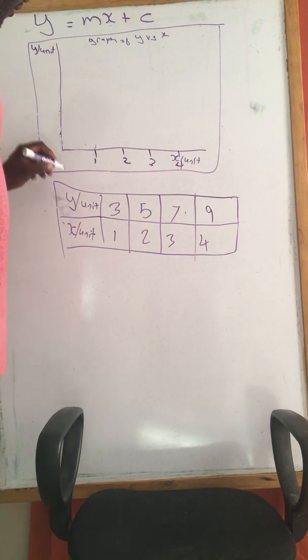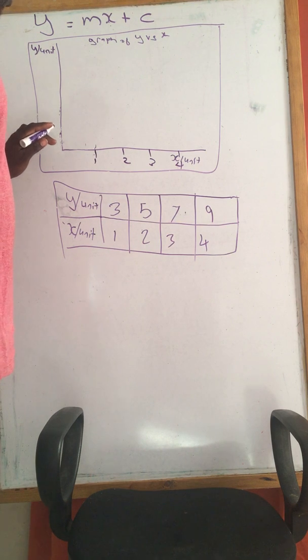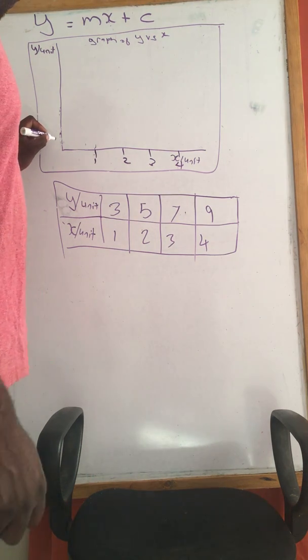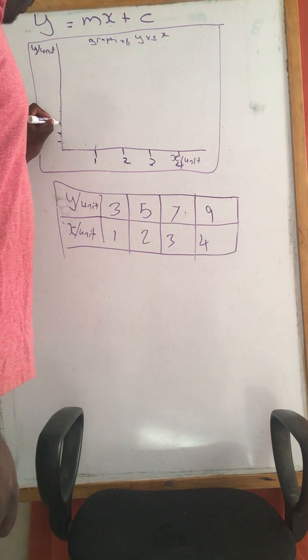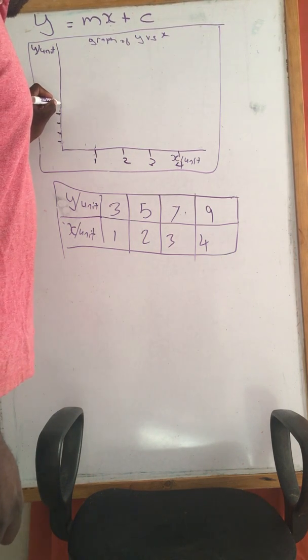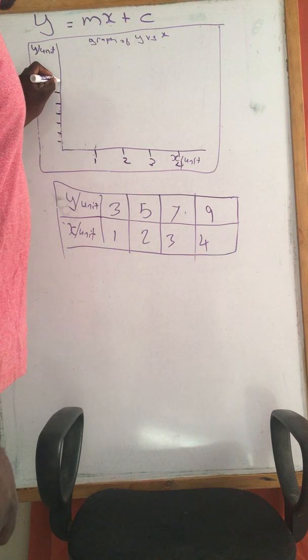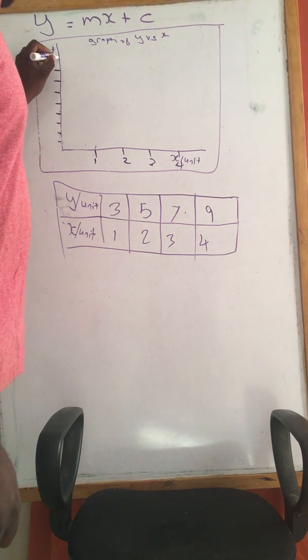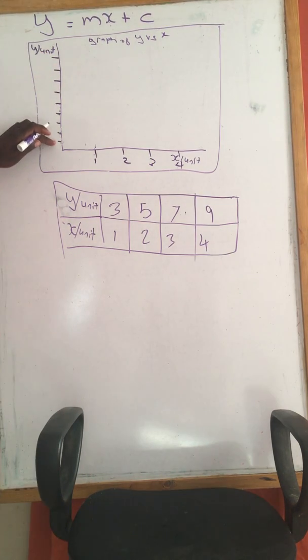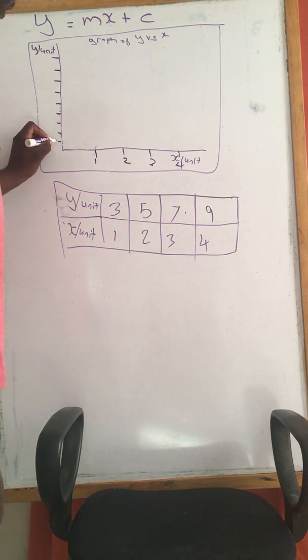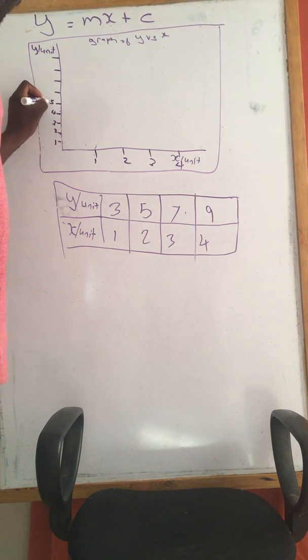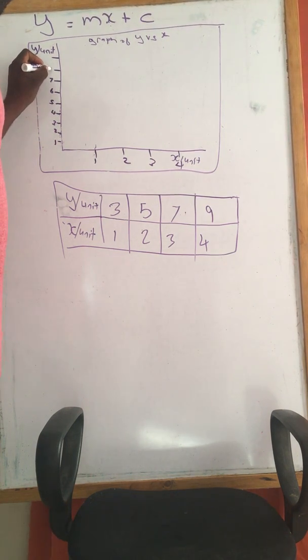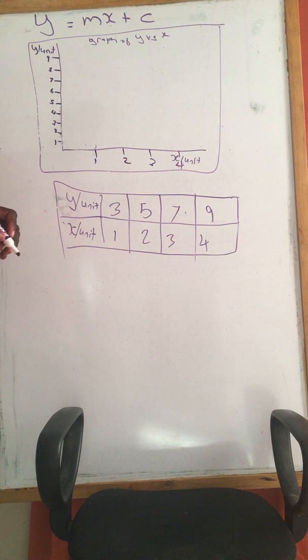And on our y-axis, we can say, let's say this is 1, 2, 3, 4, 5, 6, 7, 8, 9. You see, cover the entire range as best as possible.